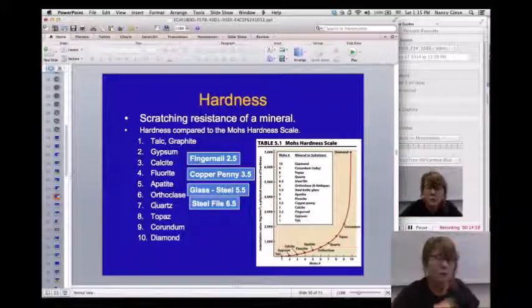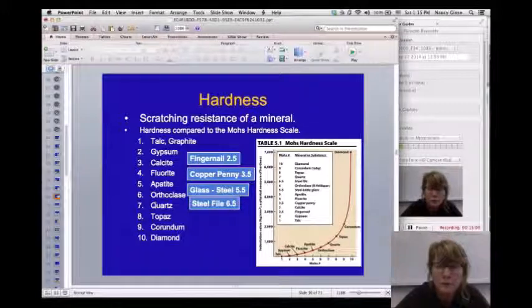But for the most part, you're not going to be using one mineral to scratch another mineral. You're going to be using common objects to perform the hardness test, because not only minerals have a specific hardness, but common objects like your fingernail or a steel nail have characteristic hardness as well.